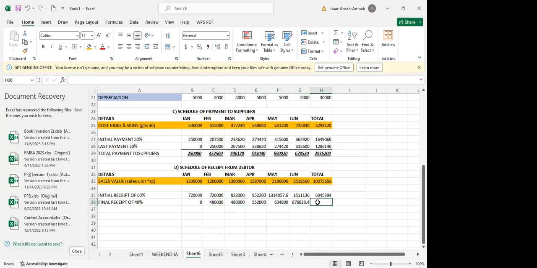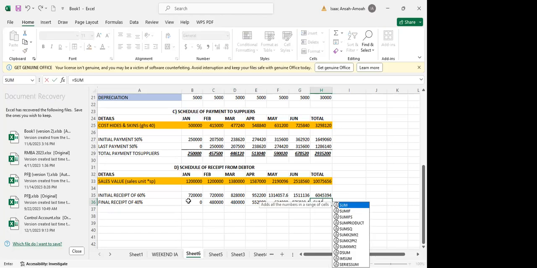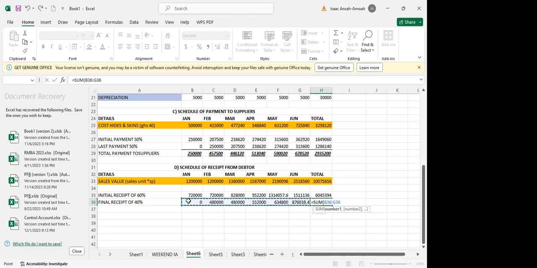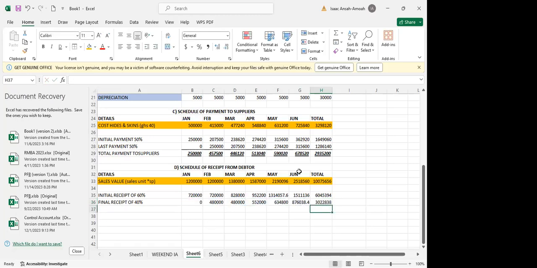Let's generate the total for this. The total will be when we add from January to June. So we want to look at the total receipt from our customers, or our debtors.